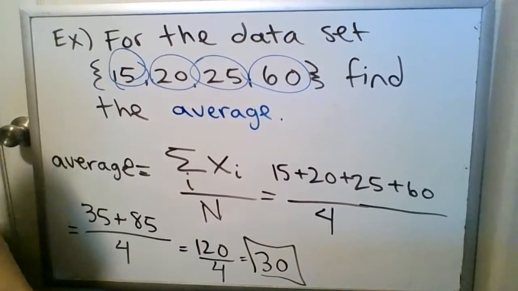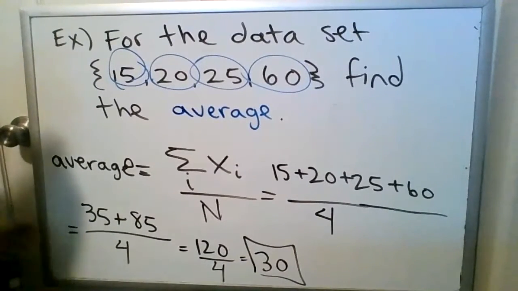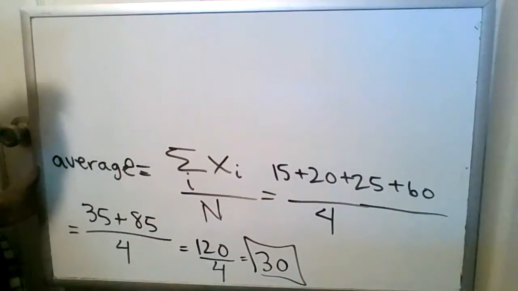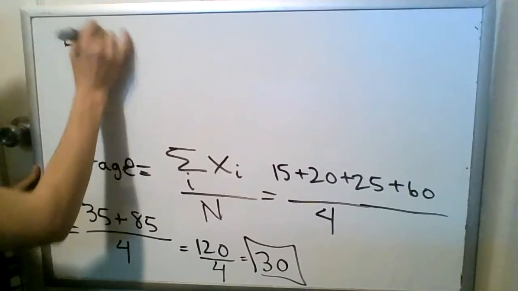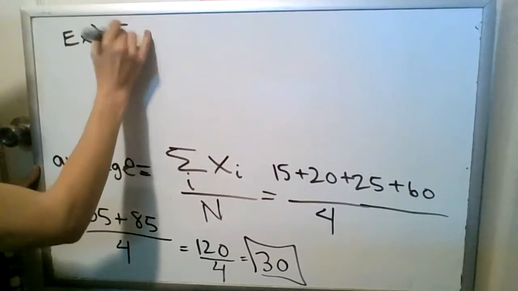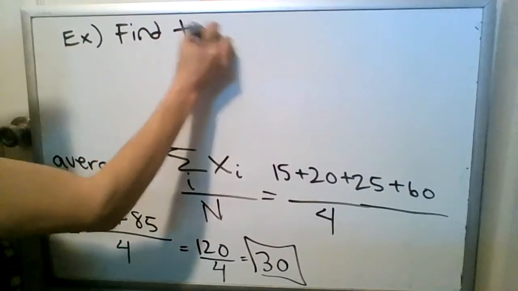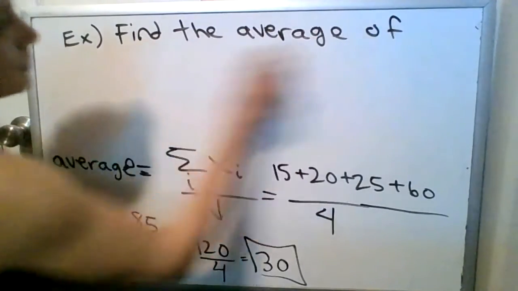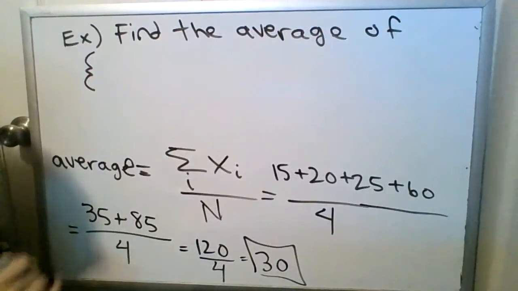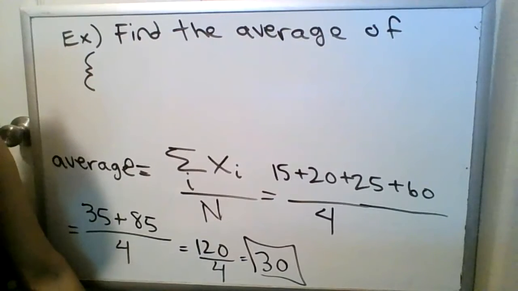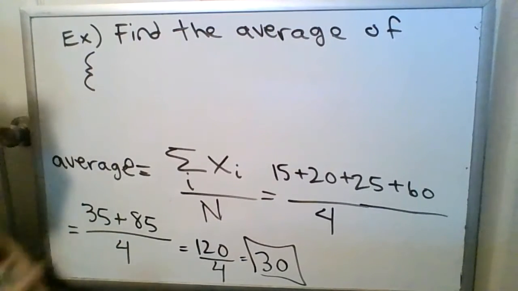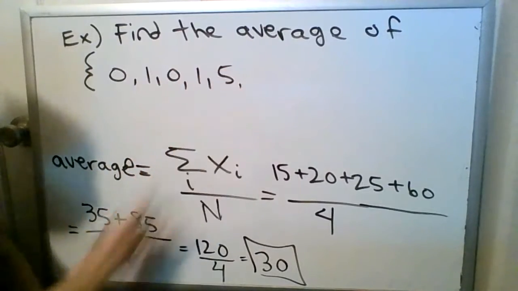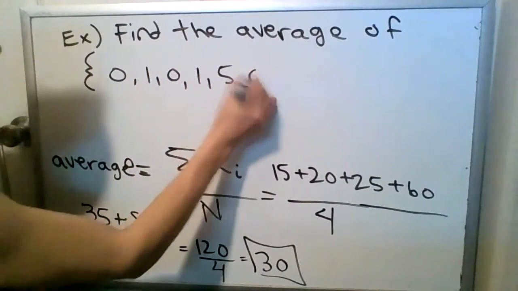So for the next data set, we're going to find the average. Our set contains 0, 1, 0, 1, 5, followed by 0 and 2.